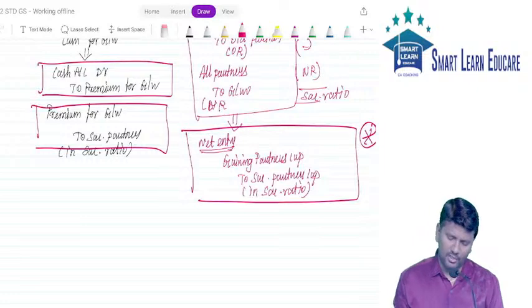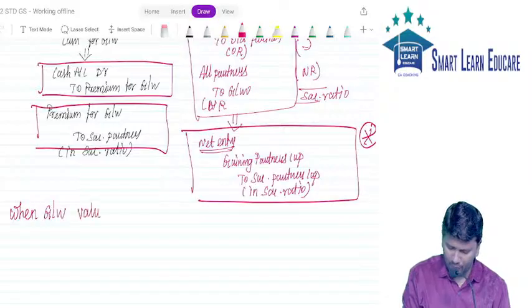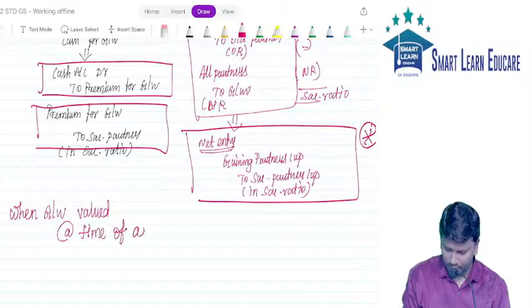Normally goodwill is valued at the time of admission of a partner. Also, goodwill is valued at the time of retirement of a partner.